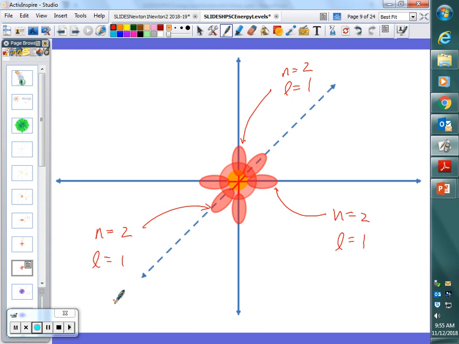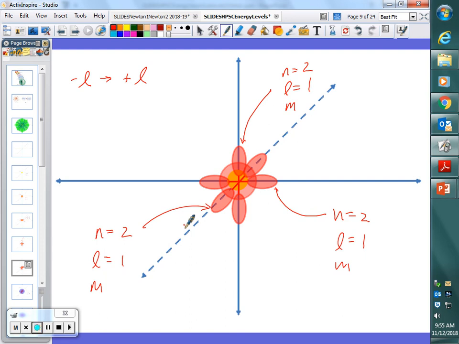That's where m comes in. How many possible values can there be for m here? 3, because there's only 3 p orbitals. There has to be one possible value for m to distinguish all the other ones, okay? So remember that I said that m runs from negative L to positive L. What is the value for L for all three of these orbitals? 1.